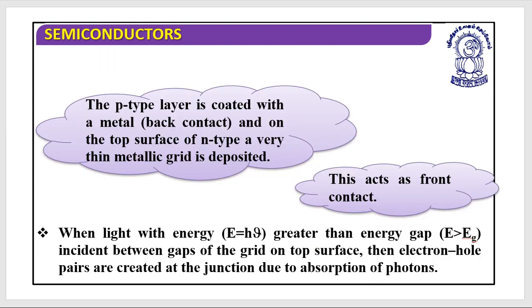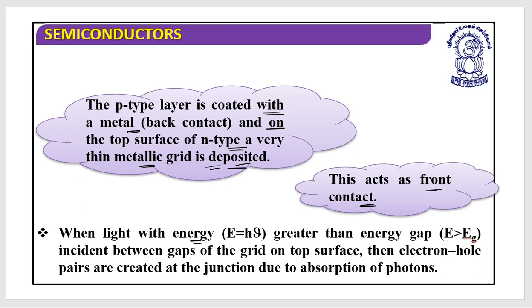The p-type layer is coated with a metal, and on top of the surface of the n-type a very thin metallic grid is deposited, and this thin metallic grid acts as a front contact.